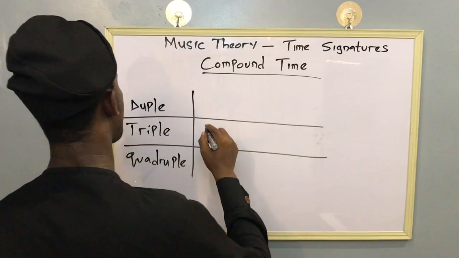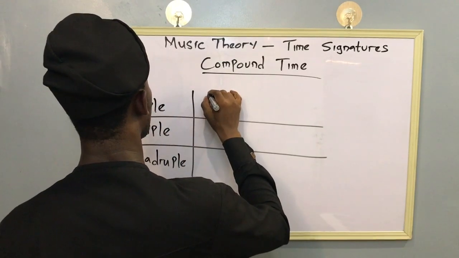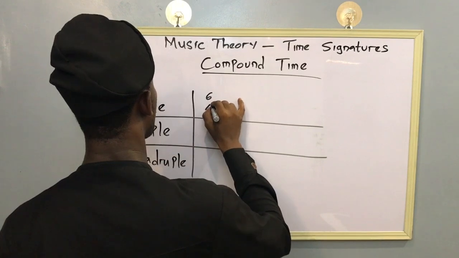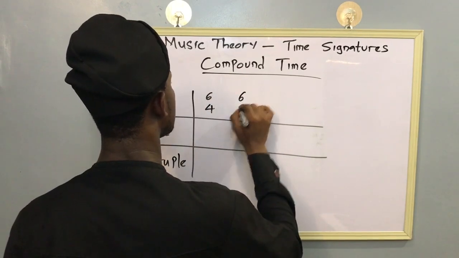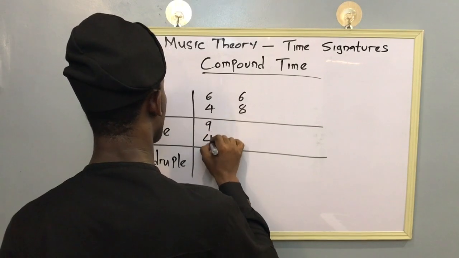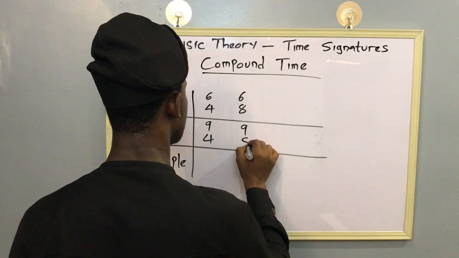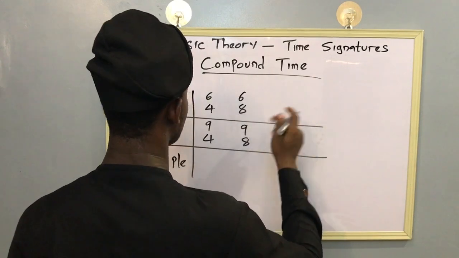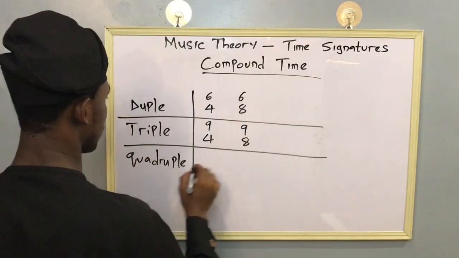Here in compound duple we have 6 4, we have 6 8. In compound triple we have 9 4, we have 9 8. This can still go to 16th notes, but let's just stick with this for now.